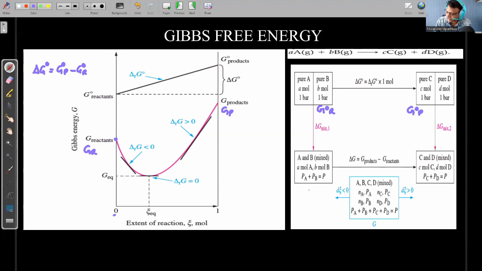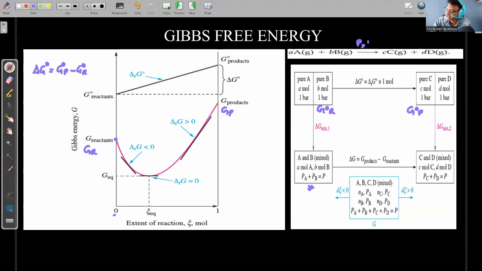Here we can see that in this box, when this reaction will start, initially A and B are present. A and B are present in the same container in stoichiometric mole ratio, and the sum of the partial pressures of A and B is equal to capital P. Capital P is the pressure and temperature at which this reaction is taking place.